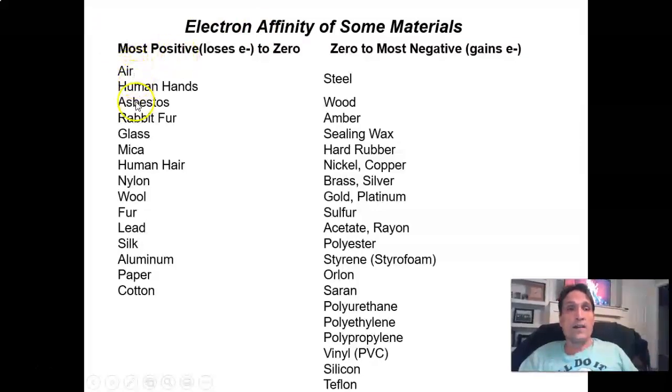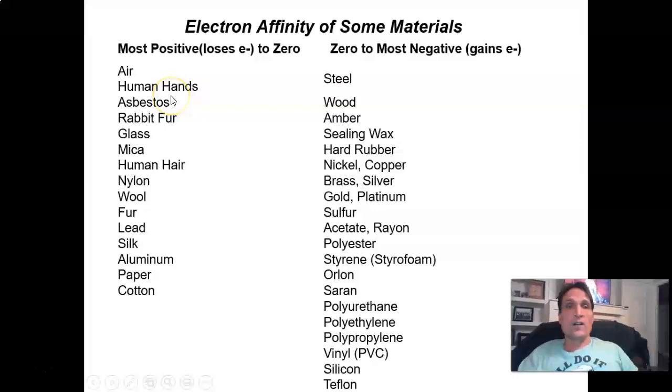Air, human hands, asbestos, fur, glass, they tend to be more willing to give up electrons and become positively charged when you rub these with another material. Whereas these materials way at the bottom of this section are the most negative, they tend to want to acquire electrons when rubbing with another material.